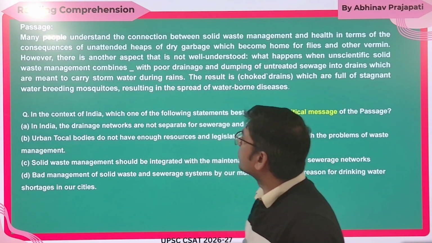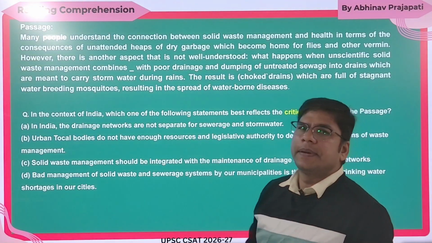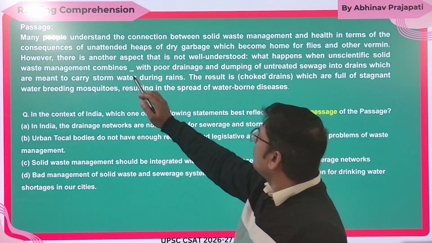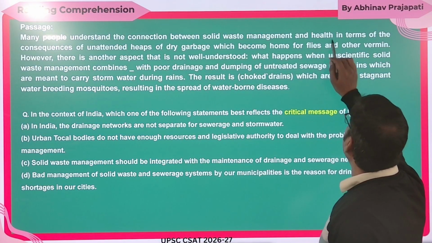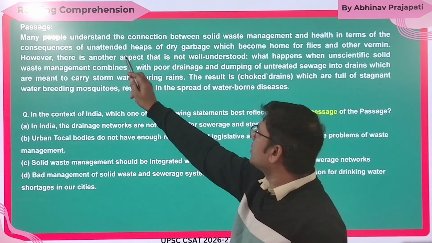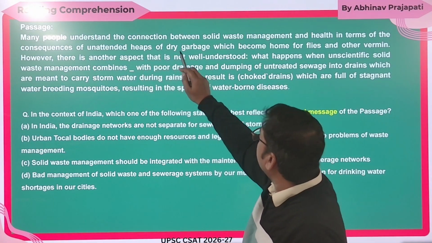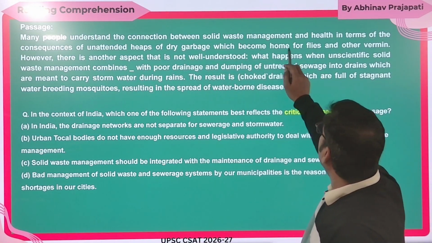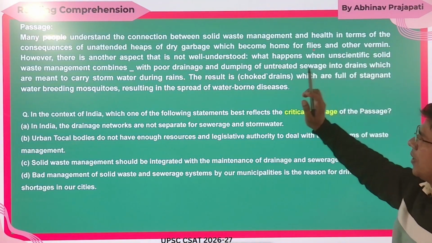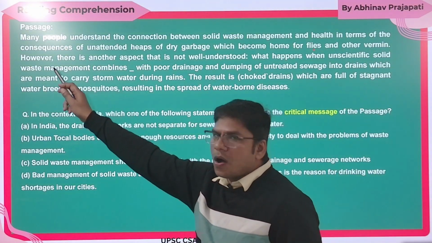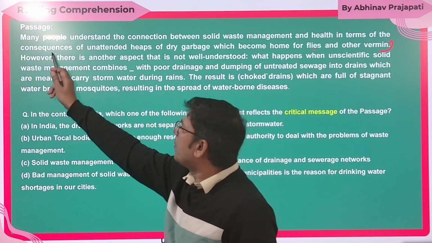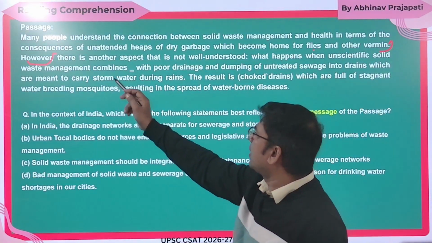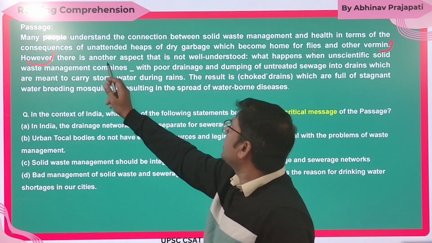Now, if you see this passage, many people understand the connection between solid waste management and health in terms of the consequences of unattended heaps of dry garbage which become a home for flies and other vermin. However, this is one piece of information the author is giving, and now another argument is starting. There is another aspect that is not well understood.